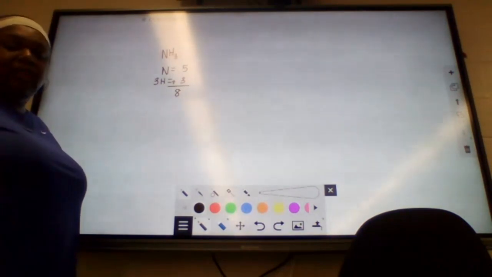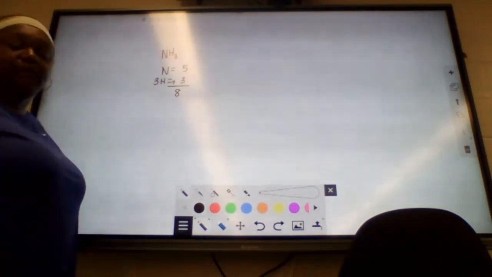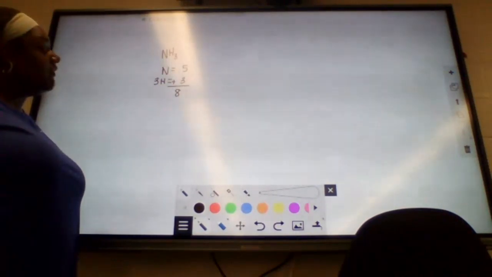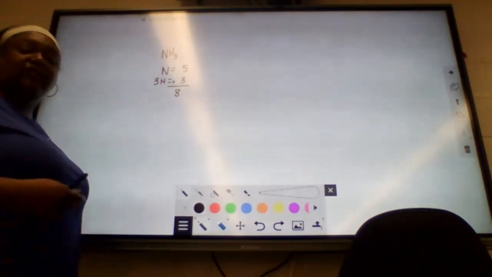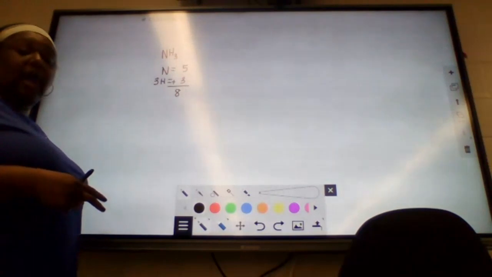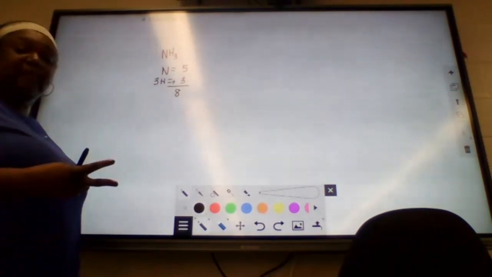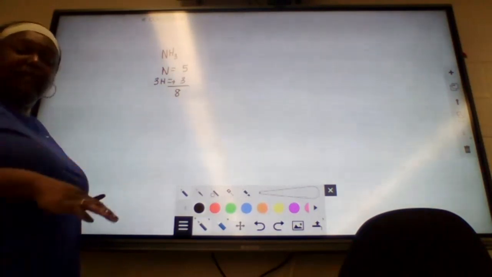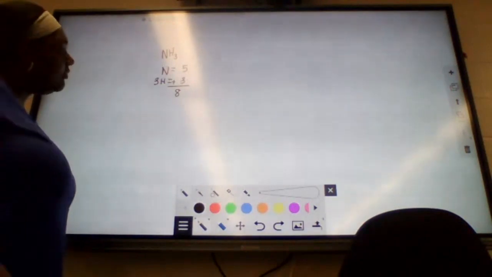Now for this compound, it's not really much of a decision because hydrogen can never go in the center of your Lewis structure. And the reason is because hydrogen can have no more than 2 electrons. So hydrogen does not need 8 in your Lewis structure. The maximum it can hold is 2 because it's on energy level 1, and the maximum number of electrons I can have in energy level 1 is 2.